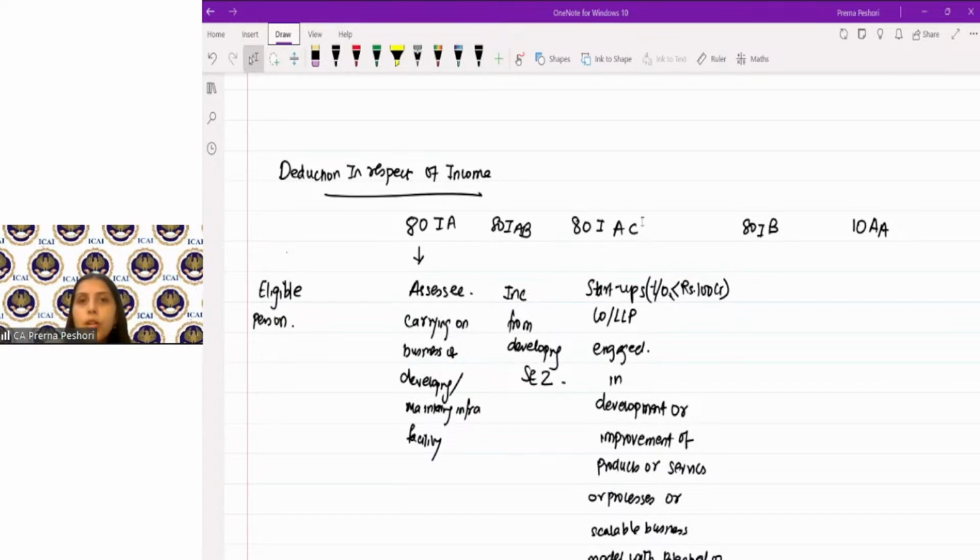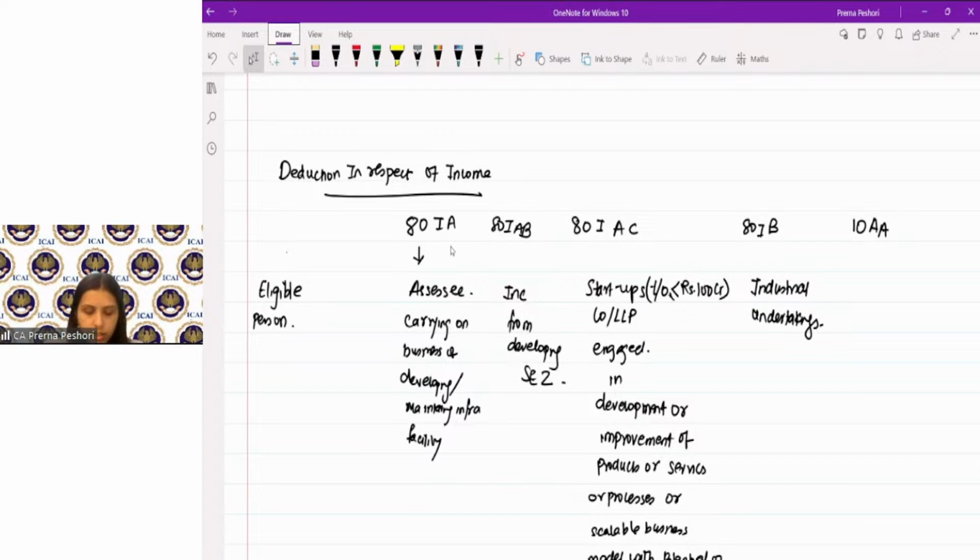This is in respect of industrial undertakings other than the infra development undertaking, right? So industrial undertakings. Now, what are the businesses which are covered over here under 80IB? Sorry, under 80IB. 80IA we have seen it is for infra, 80IAB is for SEZ. This is 80IB. Now, under 80IB, what are the businesses which are covered specifically over here?